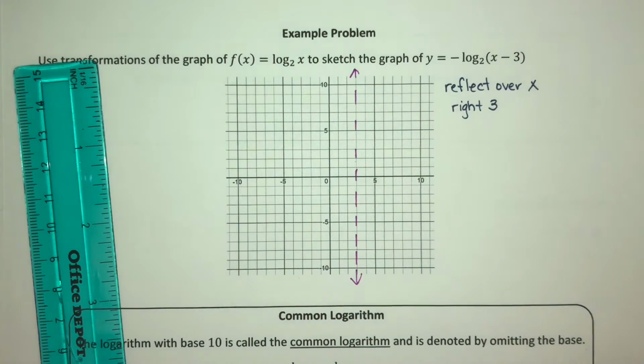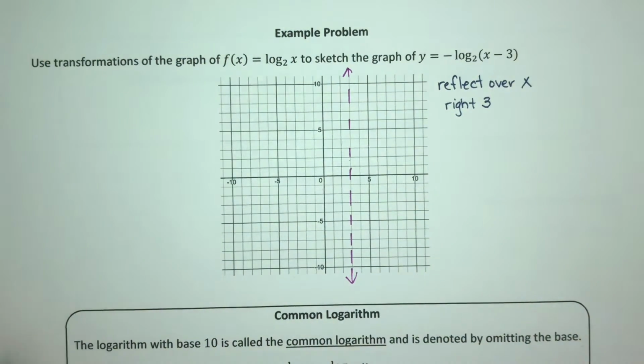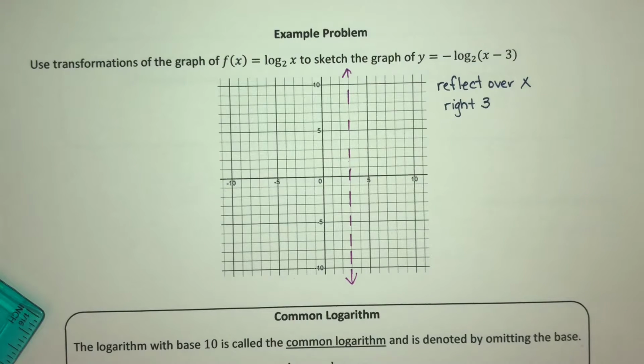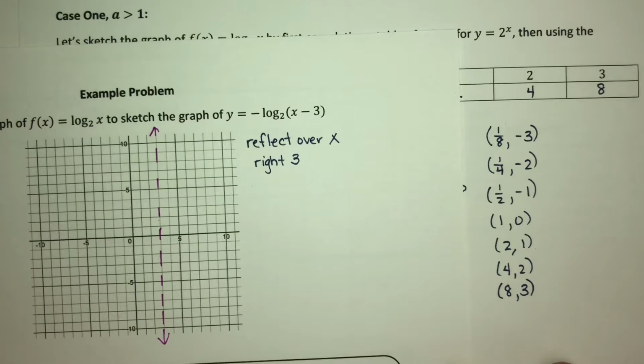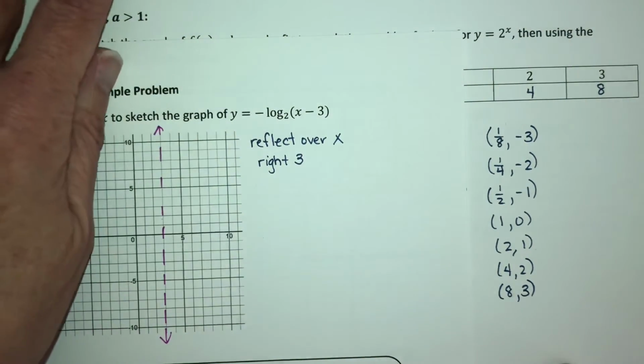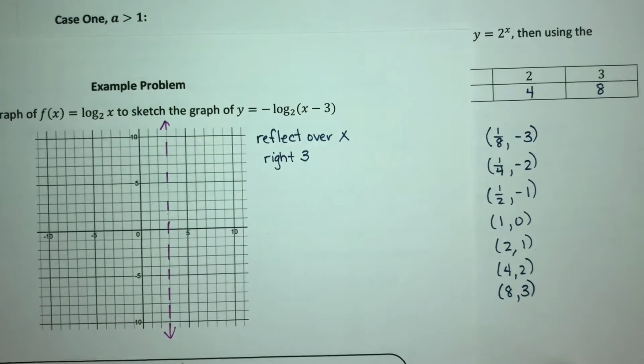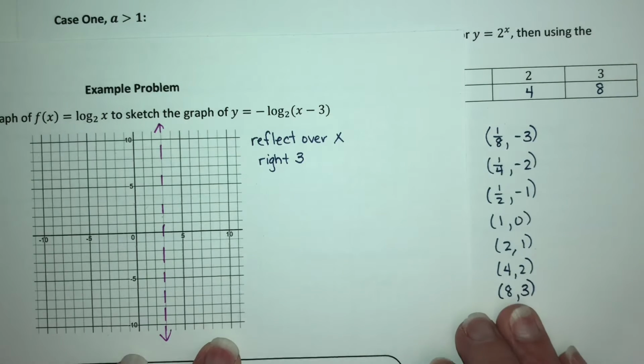Okay. And now I'm just going to take the points that we developed in the previous part, and these values are right here. Then I will graph these, taking these original values and shifting them all.